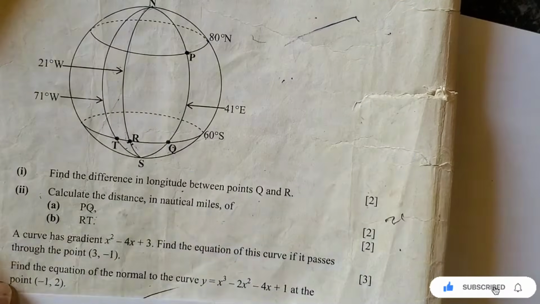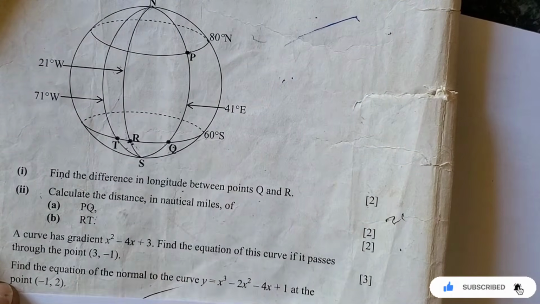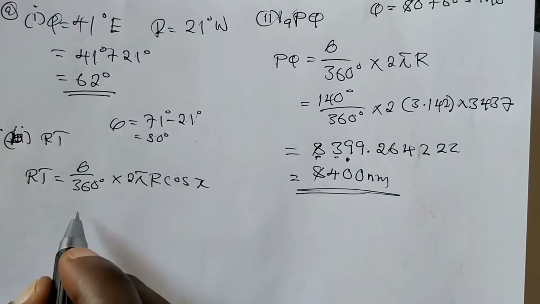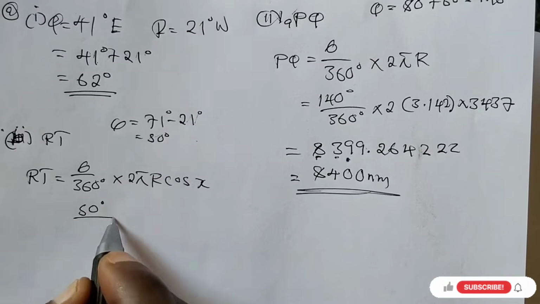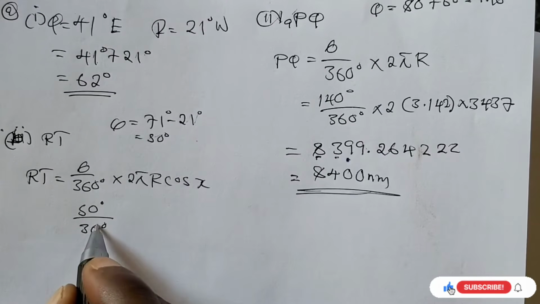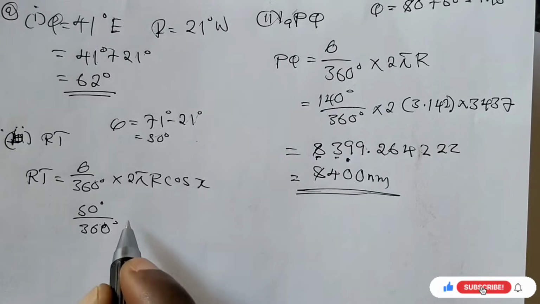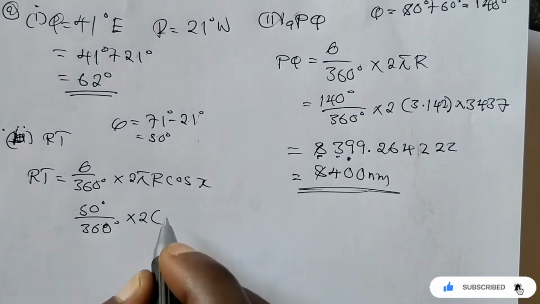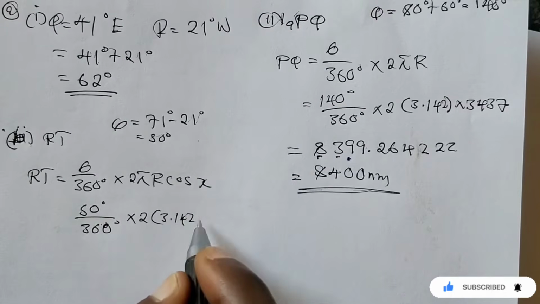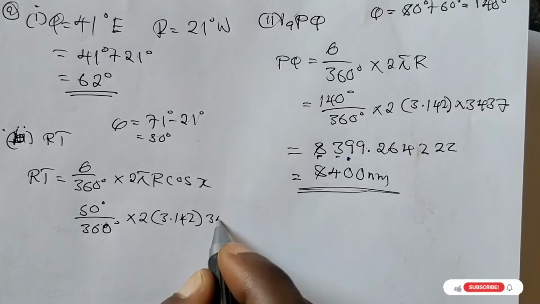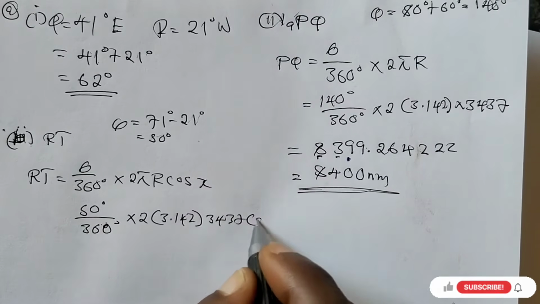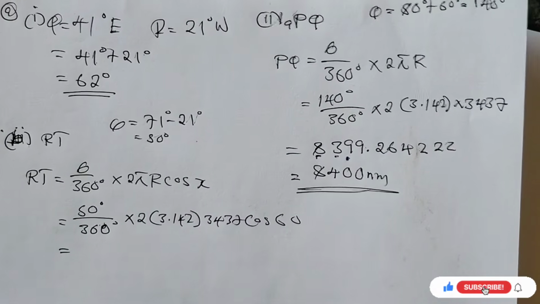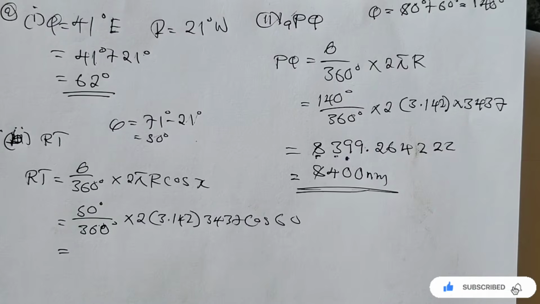In which latitude is RT? 60, right? Good. So we're going to say 50 degrees over 360 degrees times 2 times 3.142 times 3,437 cos 60. If my mind serves me well, cos 60 is 0.5.